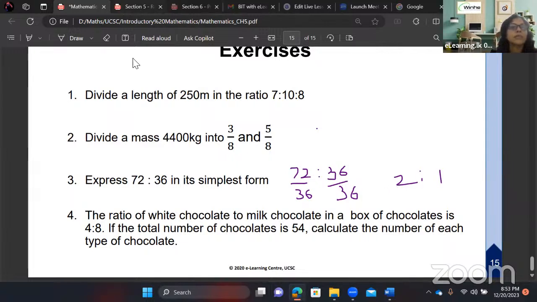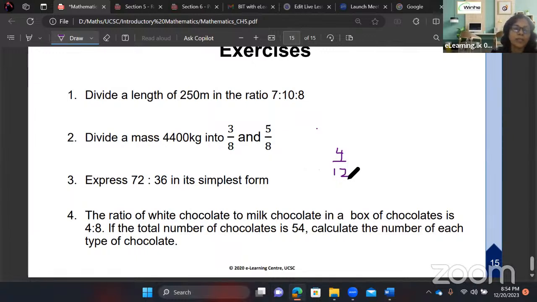Now, how do we solve this? I will write it here. The ratio of white chocolate to milk chocolate in a box is 4 to 8. Then the total number of parts is 12, right? Not the total number of chocolates, the total number of parts in this ratio is 12.